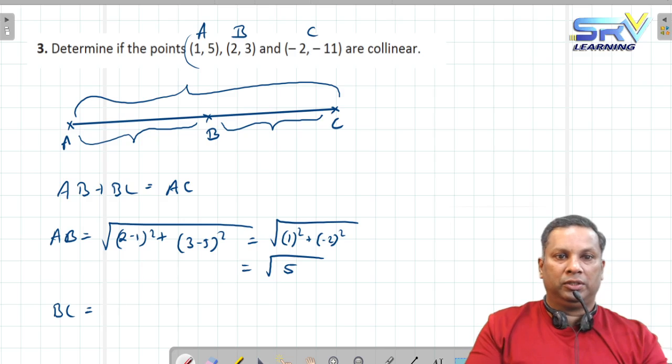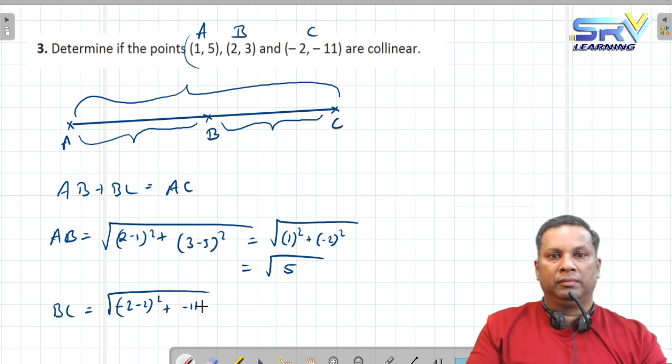So it is minus 2 whole square plus minus 11 minus 3 whole square. So it becomes minus 4 whole square is 16 and minus 14 whole square is 196.